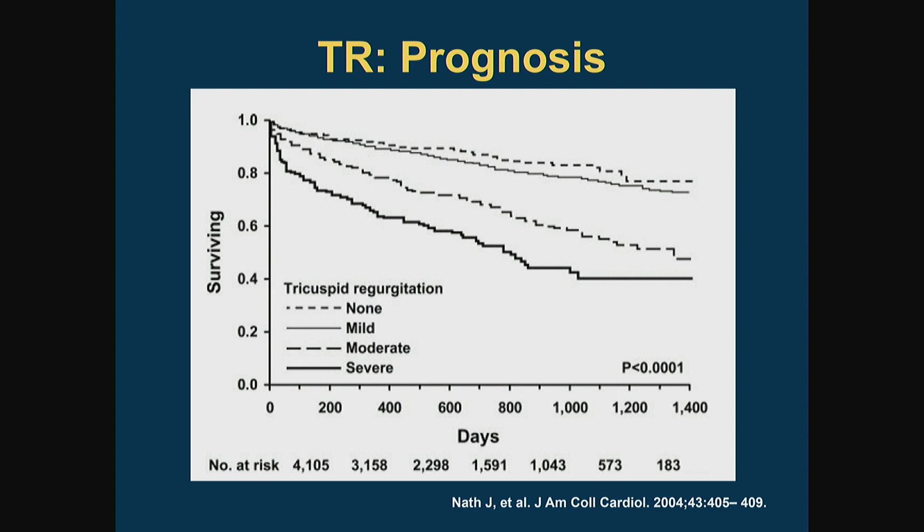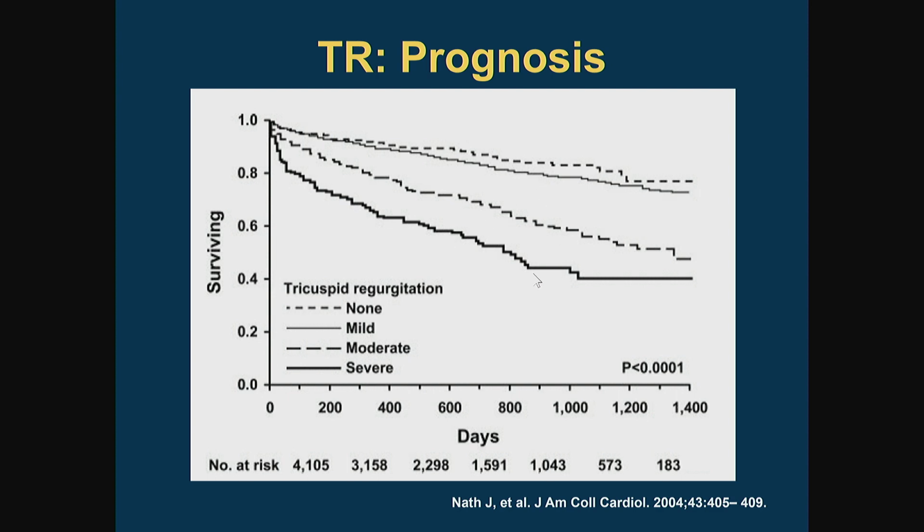Patients with tricuspid regurgitation that is severe do have worse prognosis than those who are mild, and you can see that there's a graded relationship between tricuspid regurgitation severity and survival. This curve reflects prognosis related to patients without TR, those with mild TR, those with moderate, and those with severe tricuspid regurgitation in about 5,000 patients from the VA healthcare system in Palo Alto.